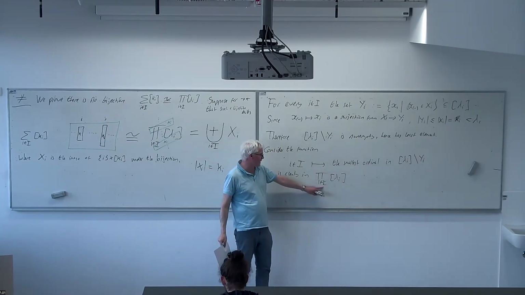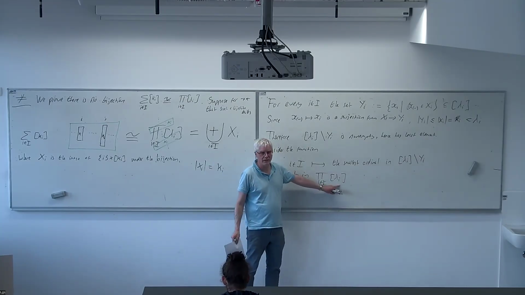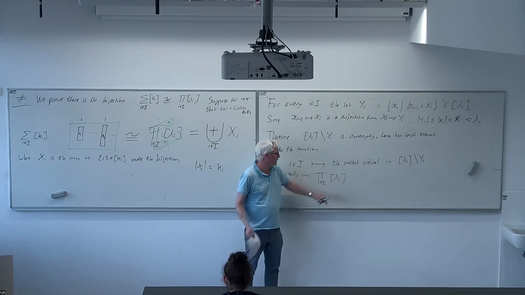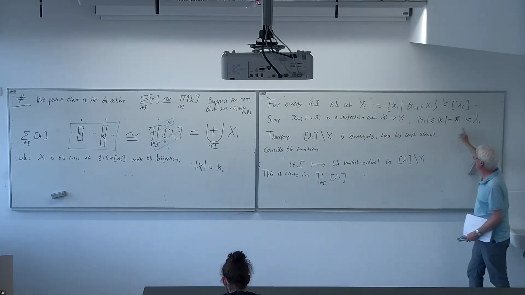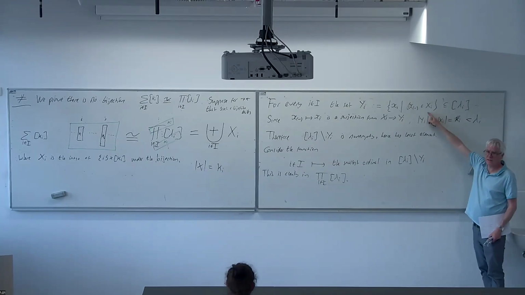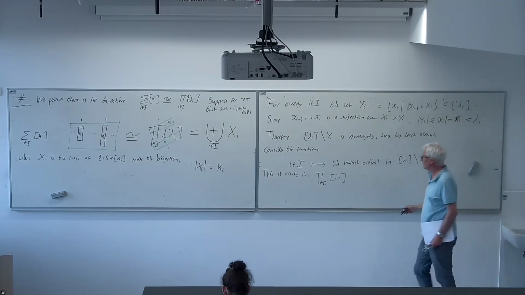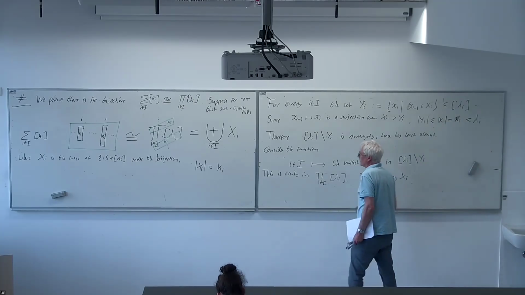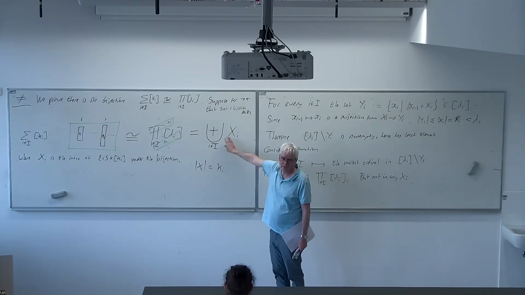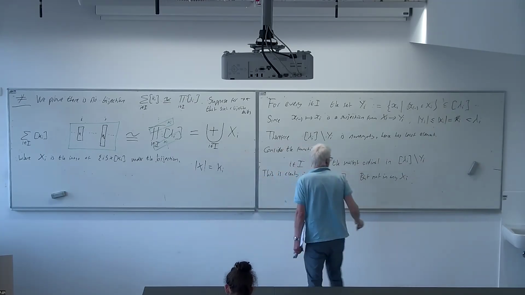It's mapping every index element to an ordinal strictly less than lambda I. But it's also clearly not in any x sub I, because it differs at I from every element in x sub I by definition. And that contradicts the fact that the function space was the disjoint union of all the xi's. That's a contradiction.